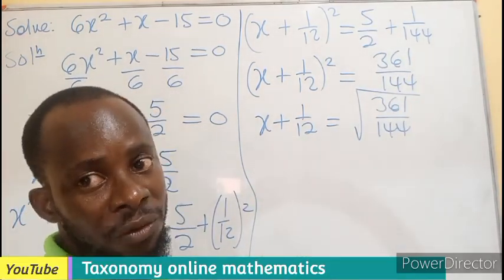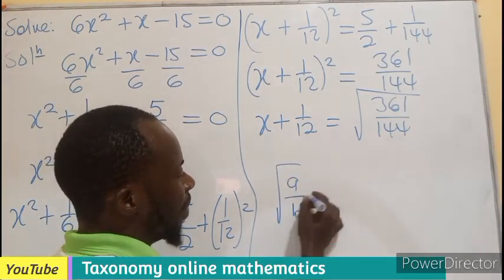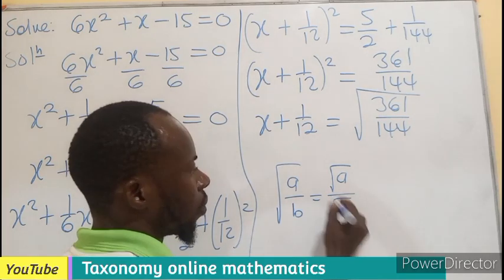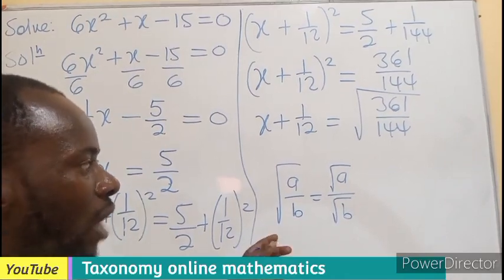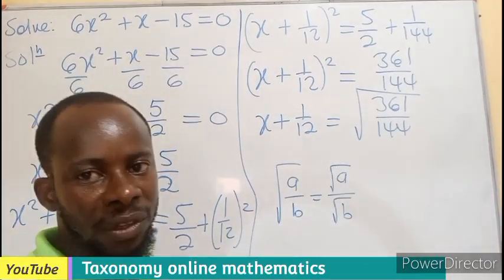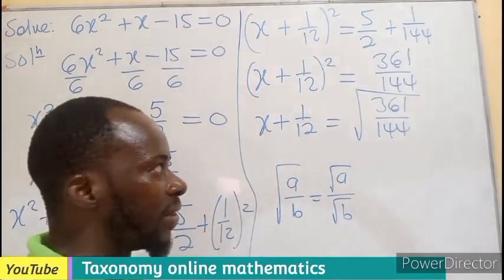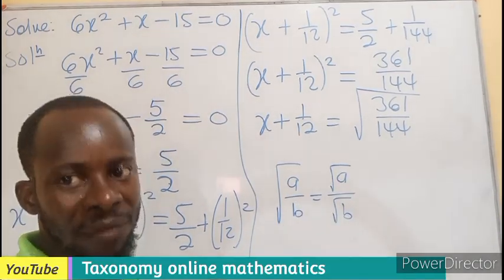Now, one property of surds says that if I have the root of a divided by b, I can separate the root on the two numbers. So I can do the same here: root 361, root 144. The 361 is also a perfect square, and 144 is also a perfect square.